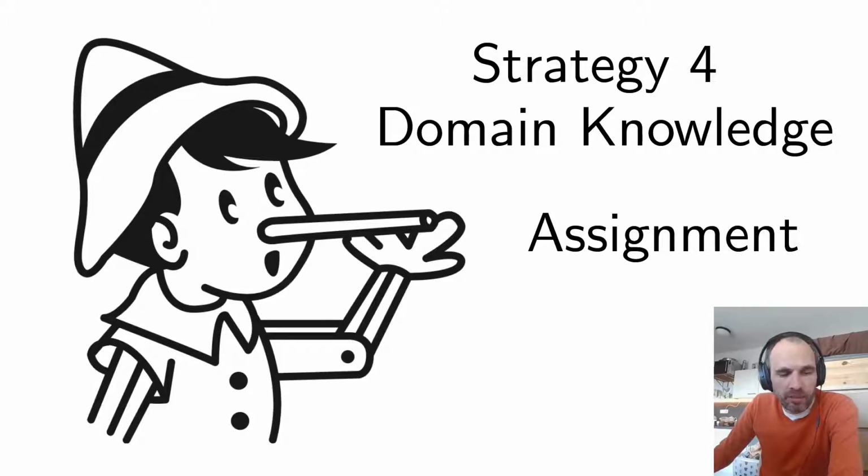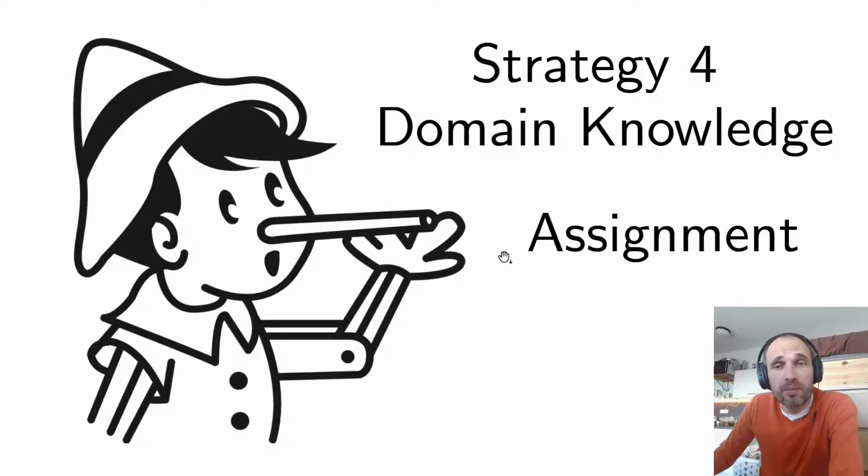Okay, so there's something I don't want you to do for the first assignment, which is using domain knowledge. I kind of call it Pinocchio strategy because it would be cheating for this assignment. So these strategies based on multi-armed bandits will not perform overly amazing, but still they will have a good performance.